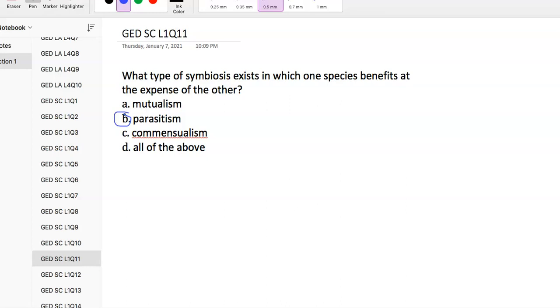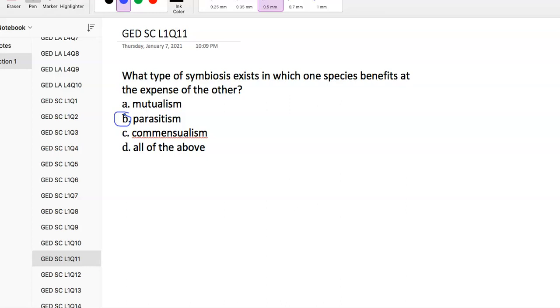Symbiosis is any type of a close and long-term biological interaction between 2 different biological organisms. Mutualism, parasitism, and commensalism are all types of symbiosis. So let's go over each of these real briefly. Mutualism involves 2 organisms of different species existing in a relationship in which each individual benefits from the activity of the other.